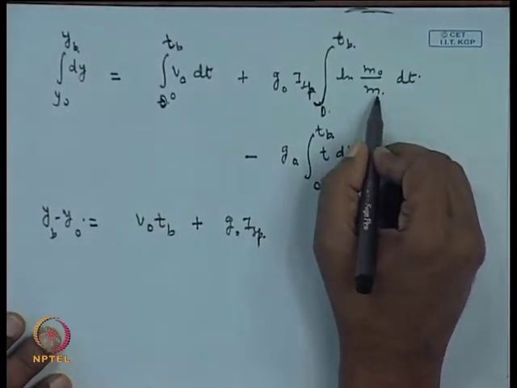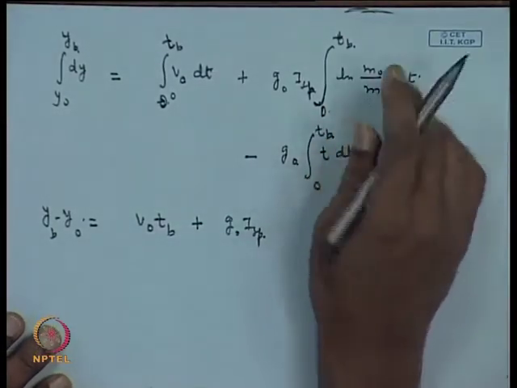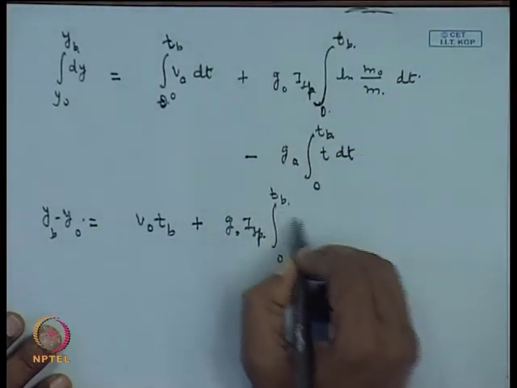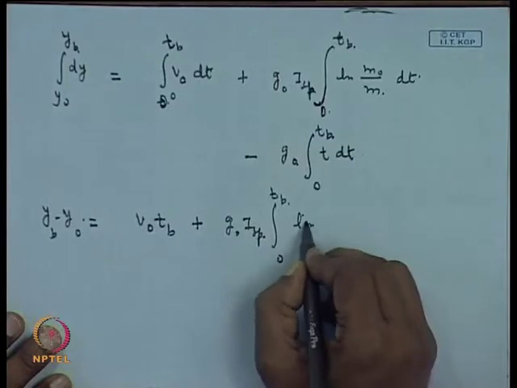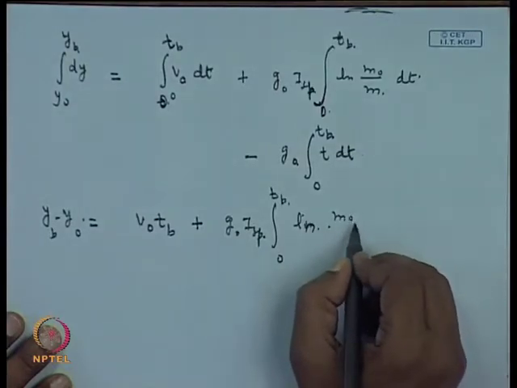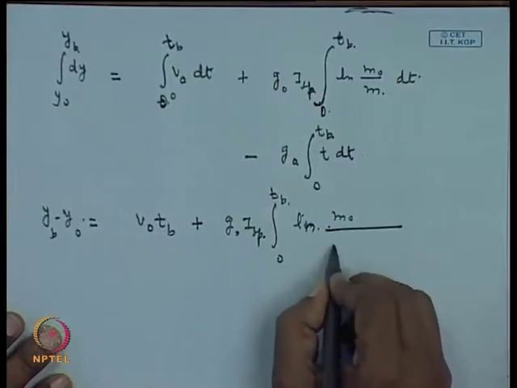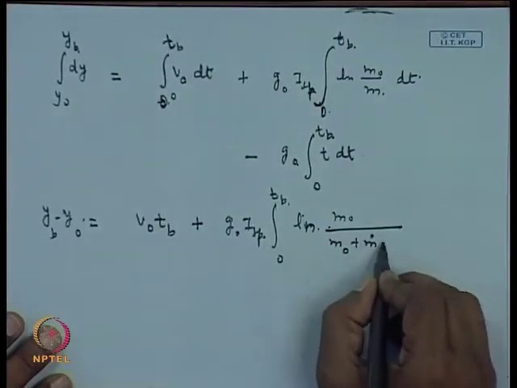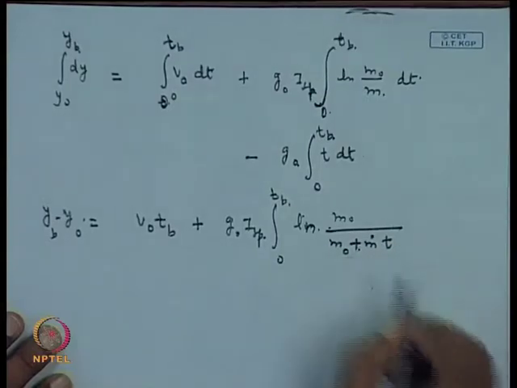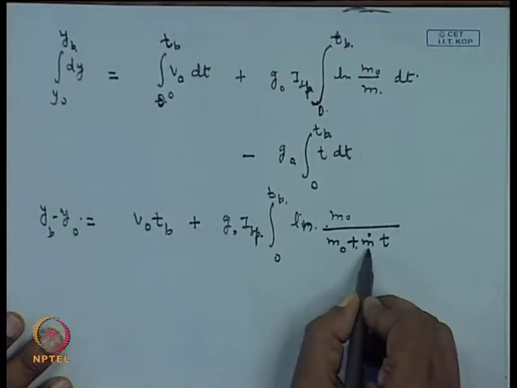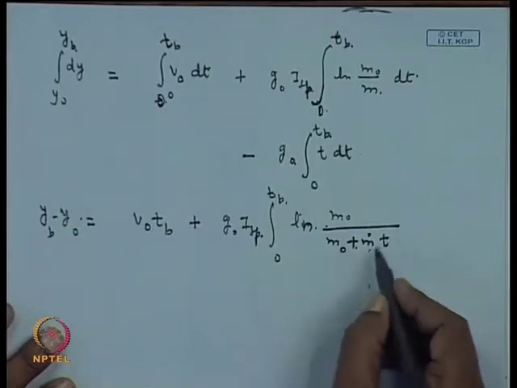Now, this term requires a little more manipulation. Okay. Here we can write m as m 0 plus m dot t. Okay. This is the mass at burnout. m dot, we know already that this quantity is negative for a rocket.